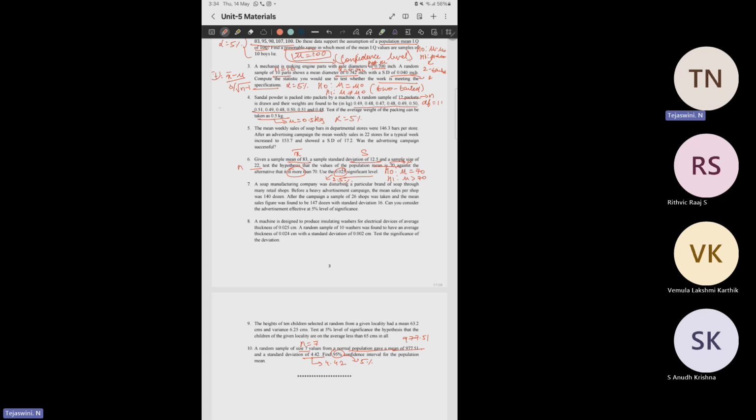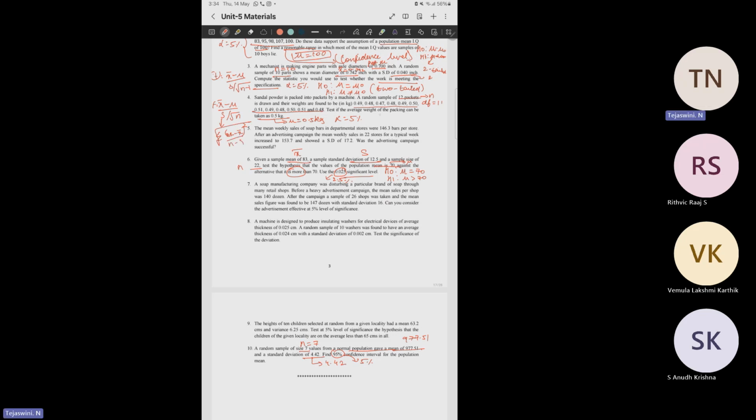So we will have to use the formula t is equal to x bar minus mu by capital S by root n, where S will be the square root of summation of xi minus x bar the whole square by n minus 1.